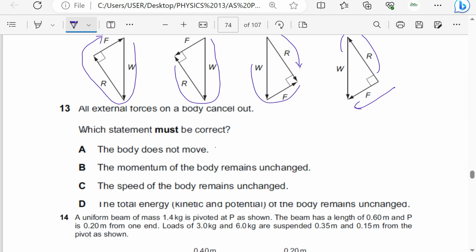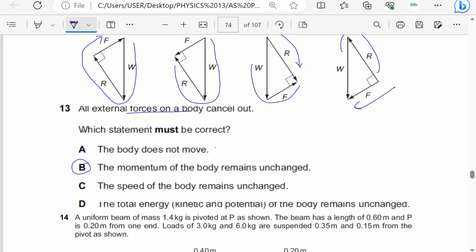So all external forces on a body cancel out. So this body can be considered to be isolated. So we can say the momentum of the body remains unchanged. If all external forces acting on a body cancel out, then the momentum of the body remains unchanged. You can't say the speed of the body remains unchanged.